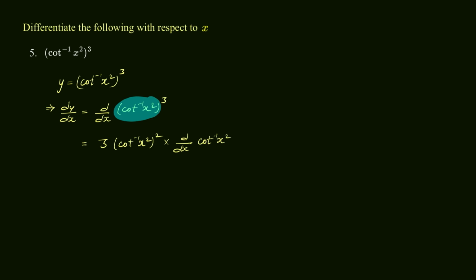Now again we will consider this x square as x, then we will have 3 cot inverse x square whole square into d/dx of cot inverse x, which is minus 1 by 1 plus x square whole square, into d/dx of x square.